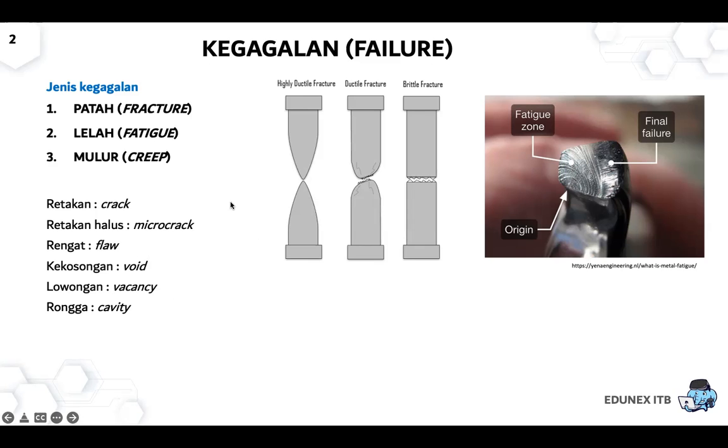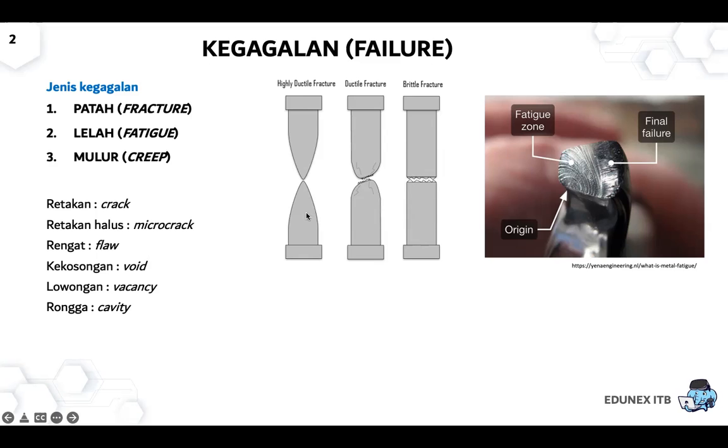If you look at the video about toughness again, you see that there are two types of fracture. The first one is brittle fracture. Brittle fracture looks like when you break a chalk, kapur.